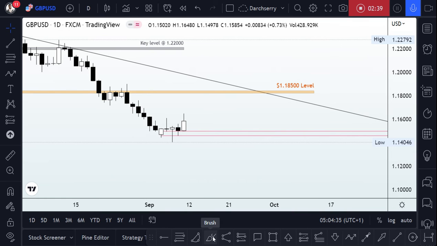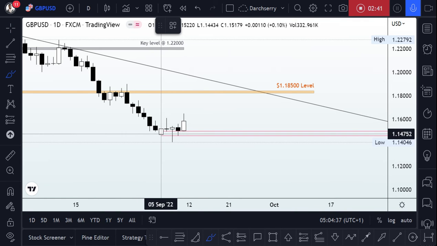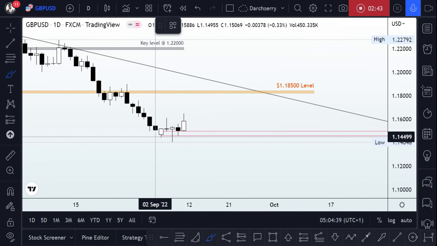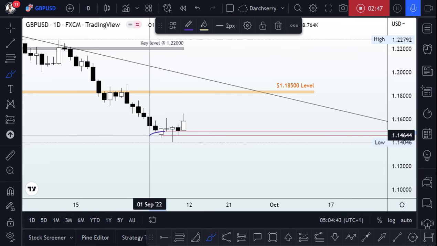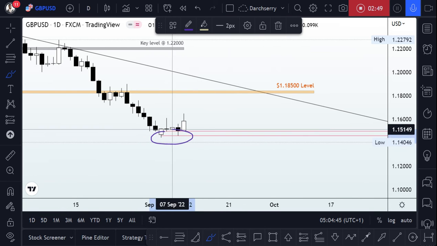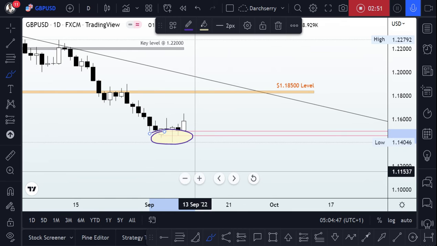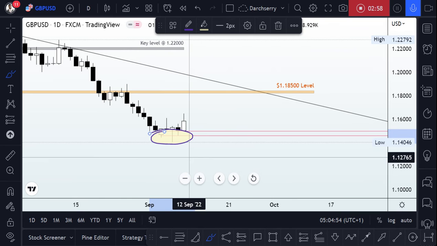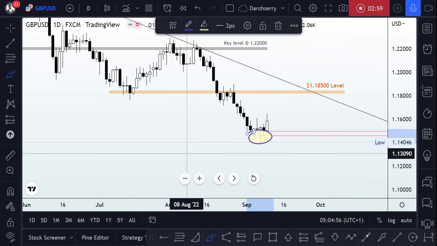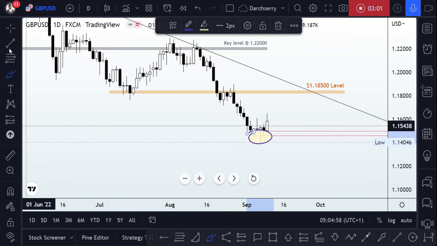And another thing that caught my attention here was how price has consistently respected the 1.14500 level during last week's trading session, to give me a clue that the sellers might have lost the momentum that they have been enjoying in the last couple of months now.